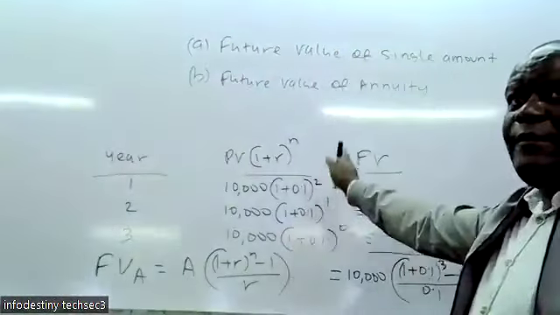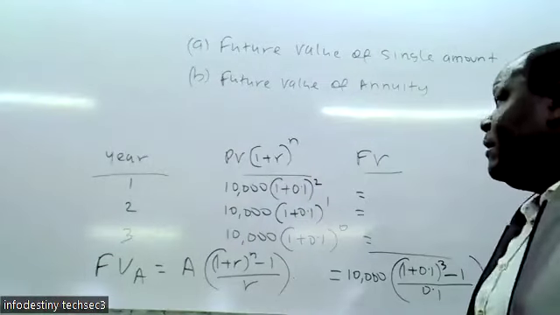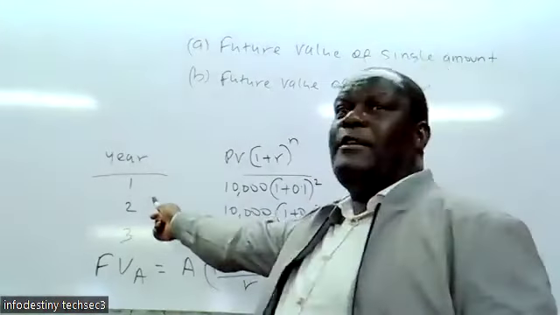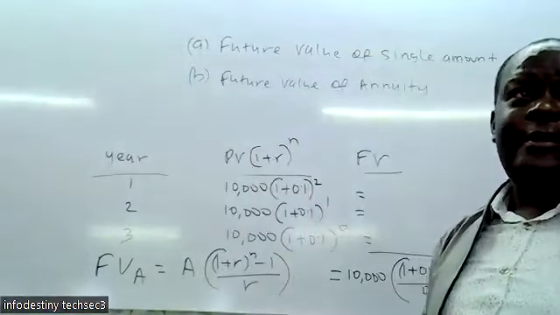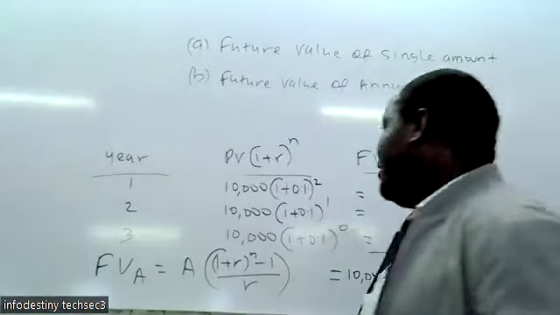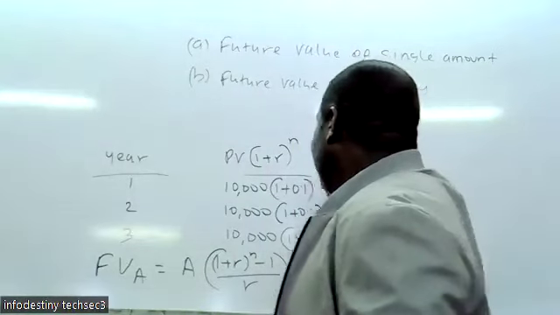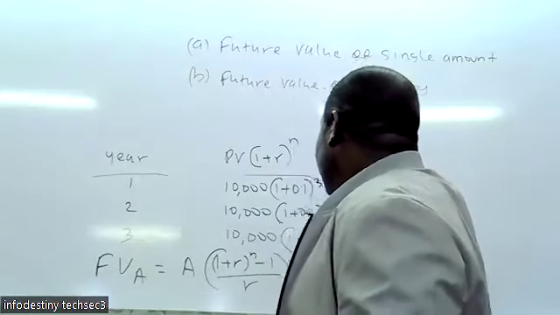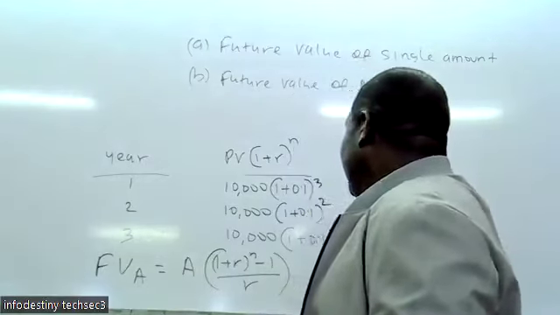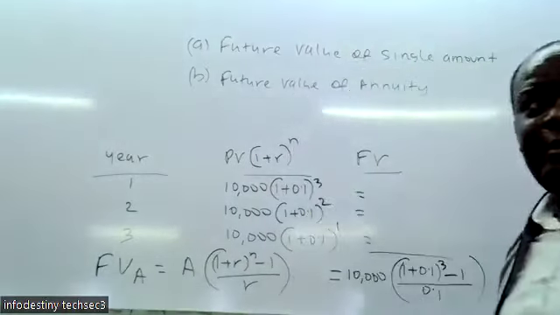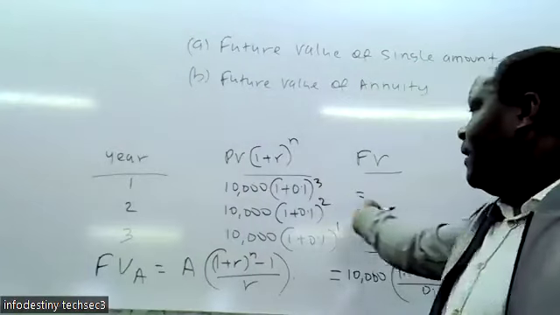Now, if I use this one, when I receive the money at the start of year one, I reinvest it for how many remaining years? 3 years. Now you will change this N for year 1 to be 3. Then that's the value. So that's when I apply that.